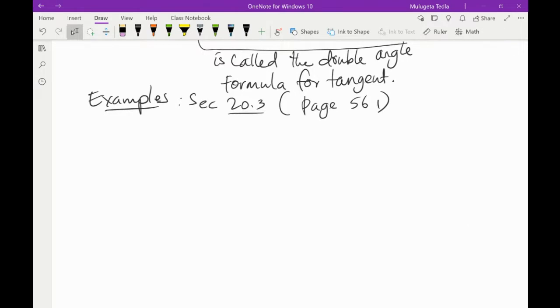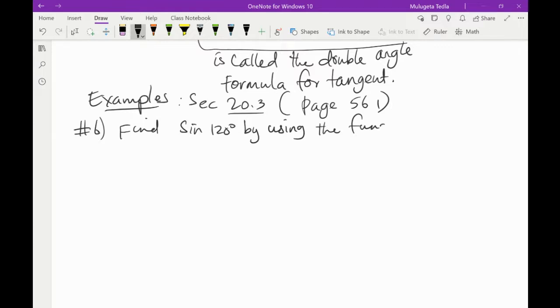For the first one, I want to do number 6. Find sine of 120 degrees by using the functions of 60 degrees.